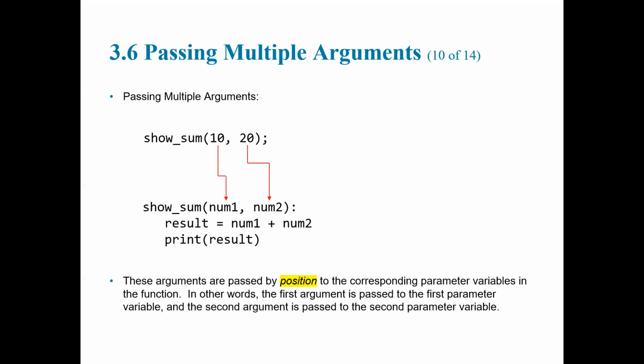In that case, you must pass it 2 arguments. So these arguments are passed by position to the corresponding parameter variables in the function. In other words, the first argument is passed to the first parameter variable, and the second argument is passed to the second parameter variable. So 10 goes into num1 and 20 goes into num2.